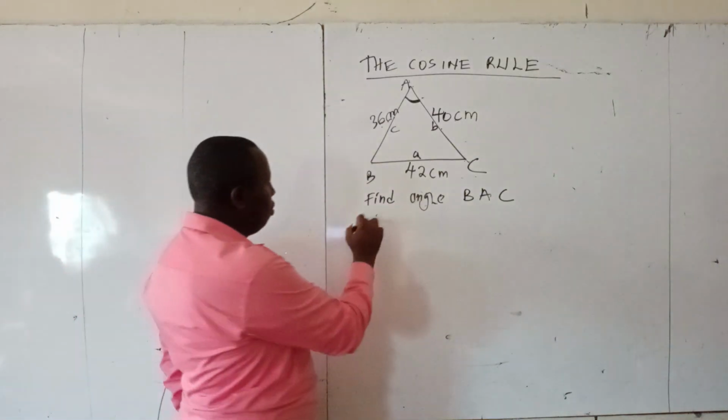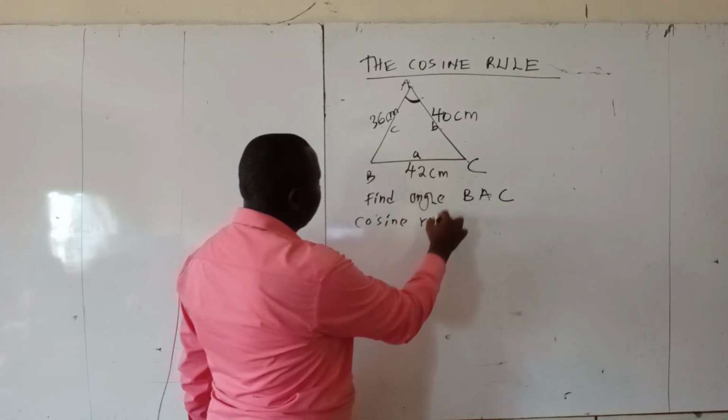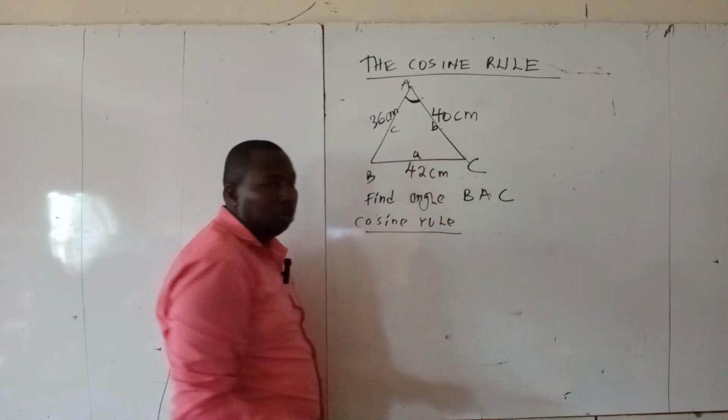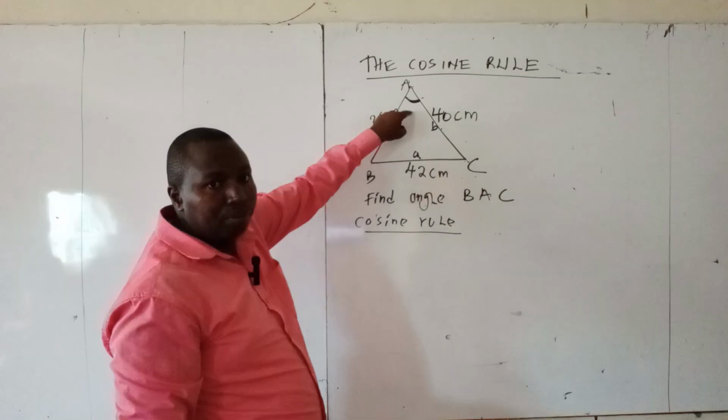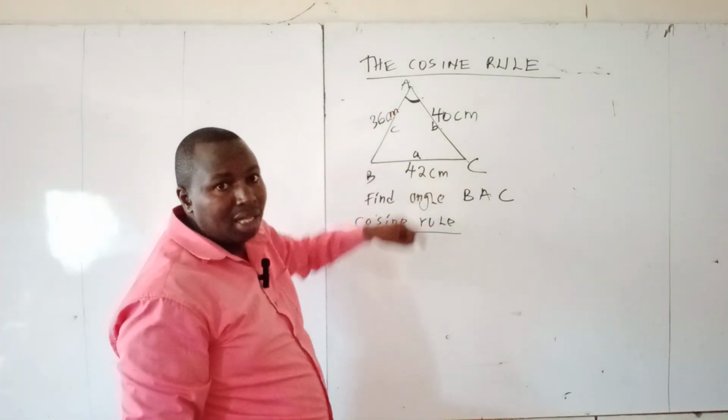Now we say for the cosine rule, when you want to find an angle, this angle is the one that is required.